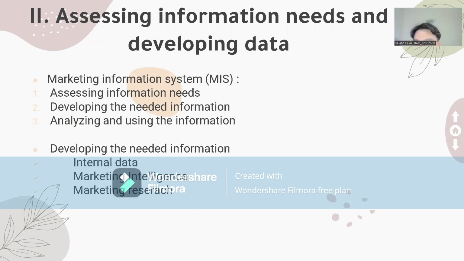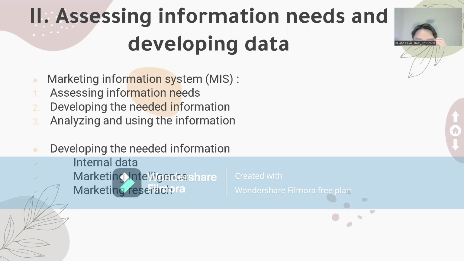Okay, we will have the next part of Huang. We'll have the assessing information needs and developing data. First, we have the marketing information system, also known as MIS. What does the MIS mean? It has three parts.